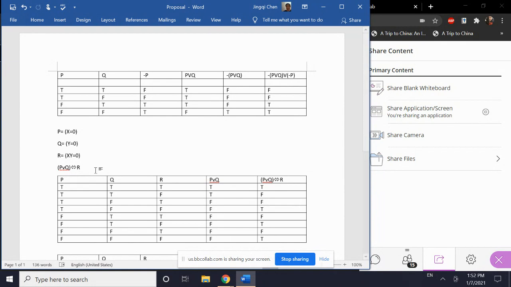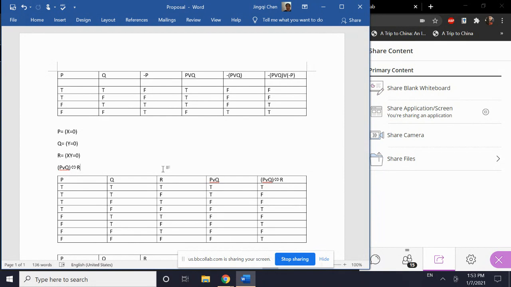Yeah, that looks great to me. Right, okay. So x times y equals 0, right? It's another statement, it's the R statement. And x equals 0 is one statement. y equals 0 is one statement. So x times y equals 0 is a statement. Yeah. P or Q implies R, and R also implies P or Q.